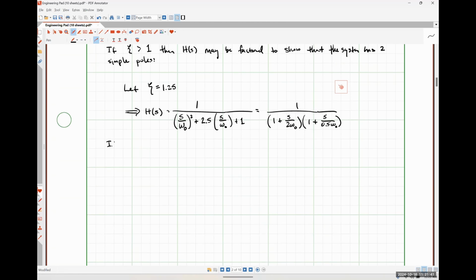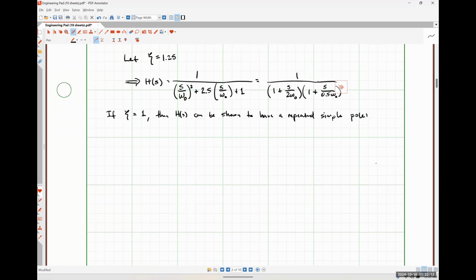When, or if, zeta is exactly equal to 1, then H of s can be shown to have a repeated simple pole, right?